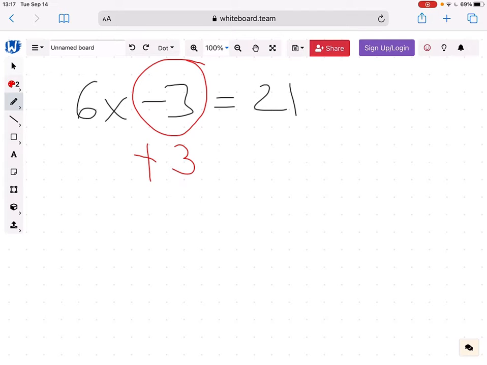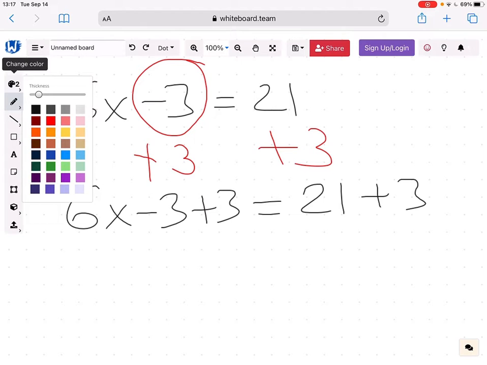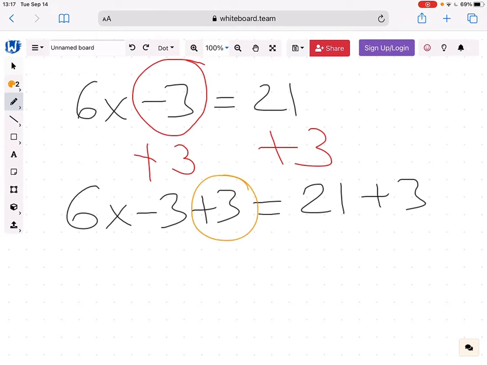So if we added 3 to the left-hand side, we should also add 3 to the right-hand side. And if we do, we're going to have 6x minus 3 plus 3 equals 21 plus 3. Again, all we did is add 3 to both sides of the equation. We do the same operation on both sides, always.